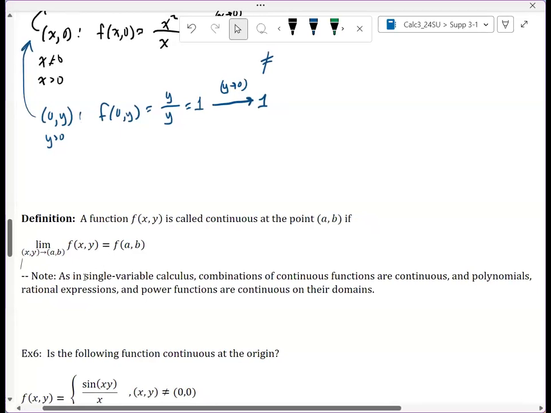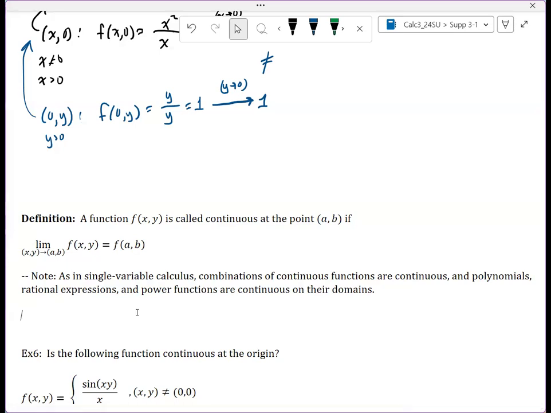Also an important note, as in single variable calculus, combinations of continuous functions in 2 dimensions are continuous. So if we take continuous functions and we add, subtract, multiply, or divide them, provided we're not dividing by 0, those combinations are continuous. And also, polynomials, rational expressions, power functions are continuous on their domains.